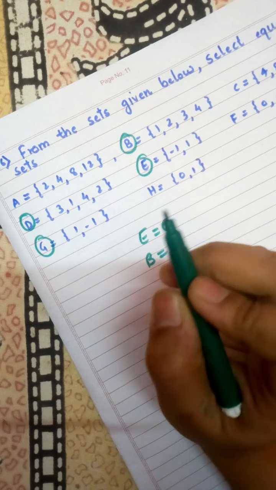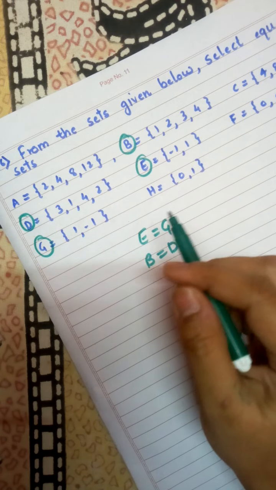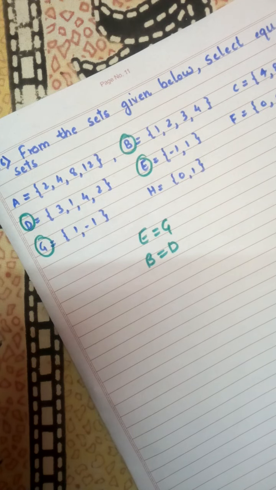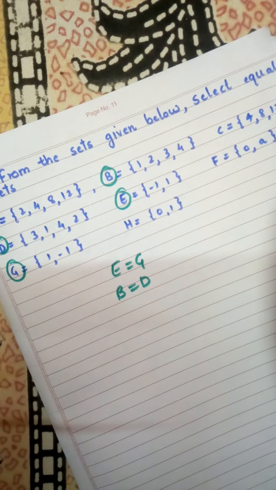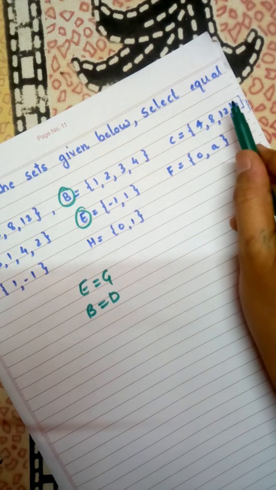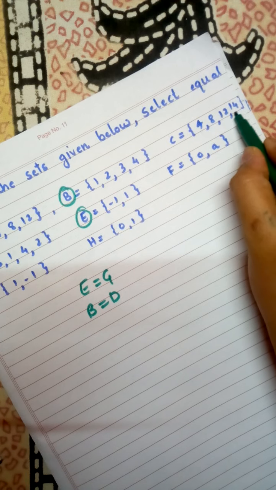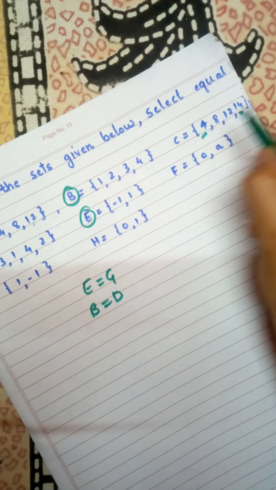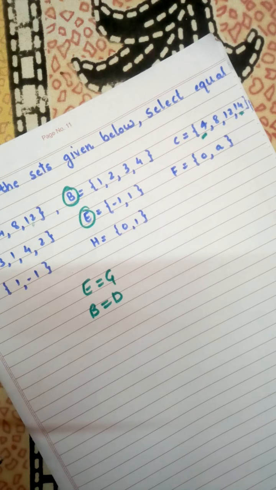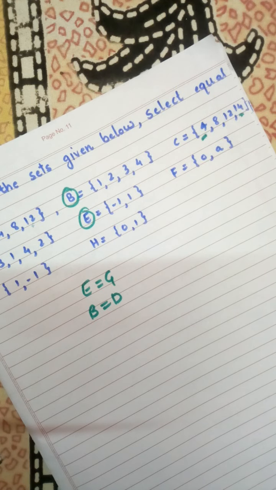Order is not important, only the elements have to be equal. The remaining are not equal because in A we have 2, 4, 8, 12, and in C we have 4, 8, 12 and 14. Now this 14 is absent here, and from here 2 is absent here. So only E is equal to G and B is equal to D.